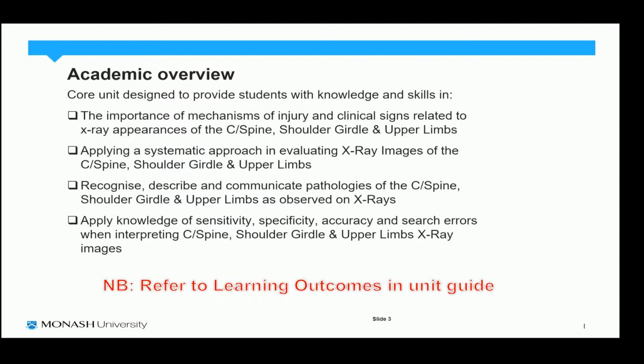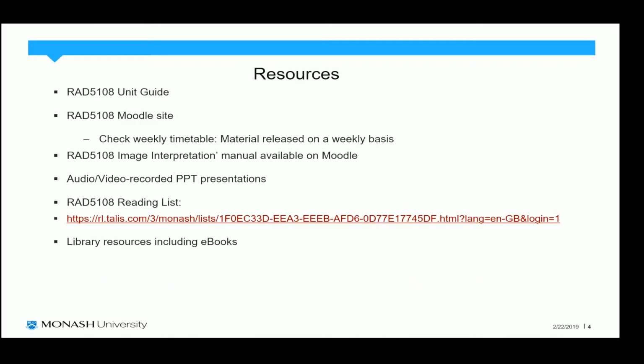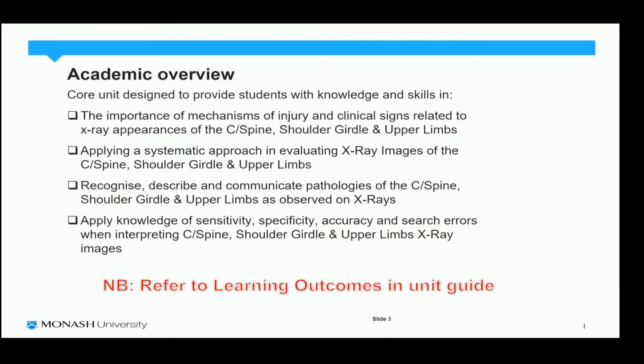You should also be able to apply a systematic approach when you're evaluating X-ray images of the C-spine, shoulder, and upper limbs, as well as being able to recognize, describe and communicate pathologies that are observed on X-ray images. You should also be able to apply knowledge of sensitivity, specificity, and accuracy and search errors when interpreting the cervical spine, shoulder, and upper limbs. Please refer to the learning outcomes in the unit guide.